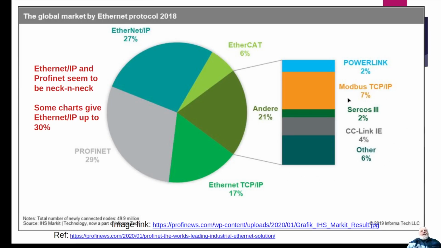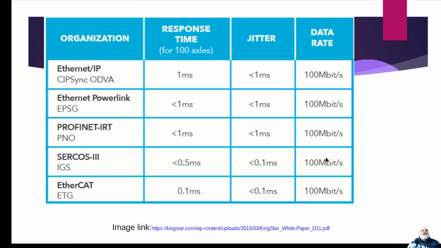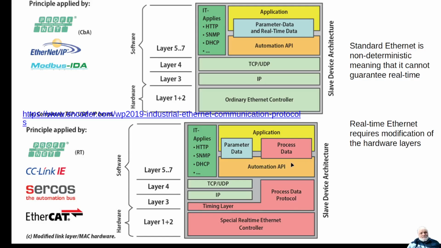And then here's some of the other ones listed over there, like Modbus was only at 7%. So the bulk of it was either Profinet or some form of Ethernet. This slide is just showing the response time and the maximum allowed jitter time for each of these protocols.